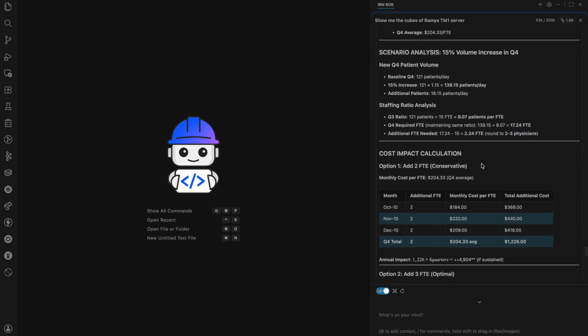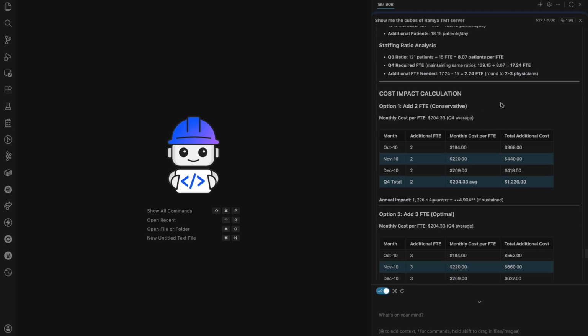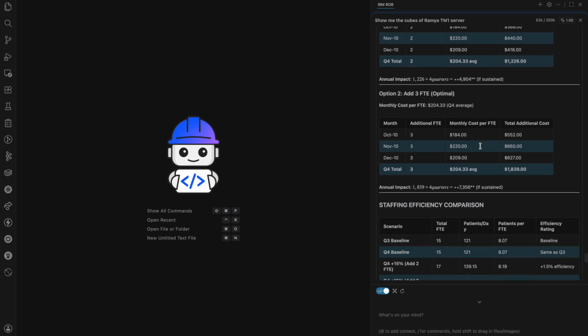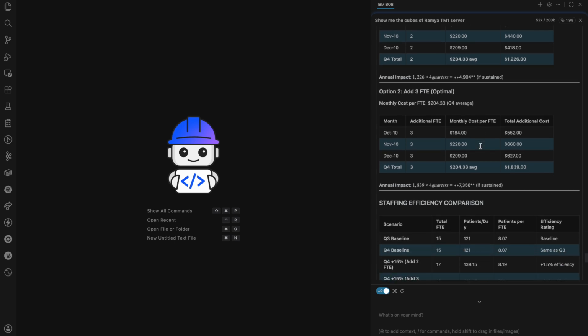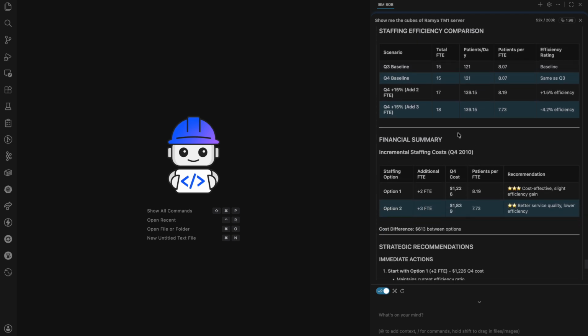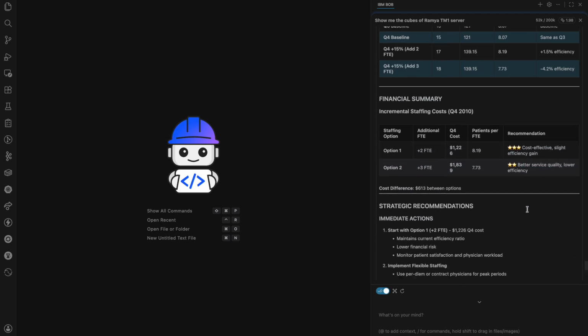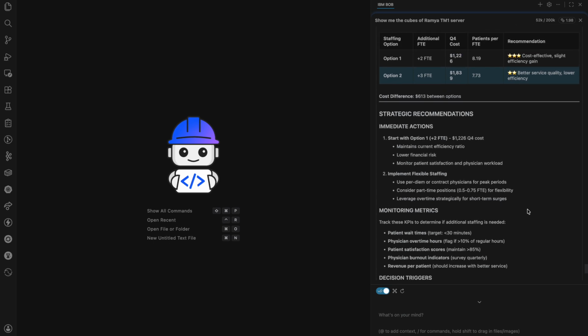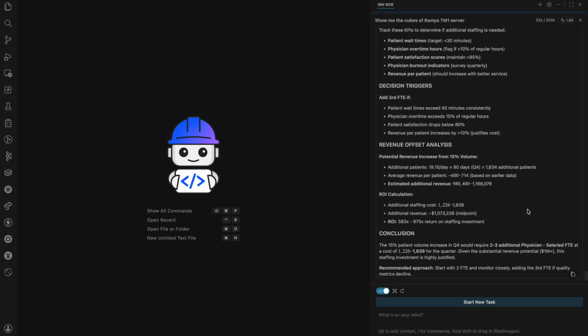And for the cost impact, it gives two options, one conservative and the other optimal, to add 2 or 3 FTE, also giving the monthly cost per FTE and the annual impact across the whole year. It even gives a financial summary comparing both options and when to go for which one, which can really help the leadership make quick decisions in scenarios when there would be a real patient volume surge due to some pandemic or seasonal health issues.